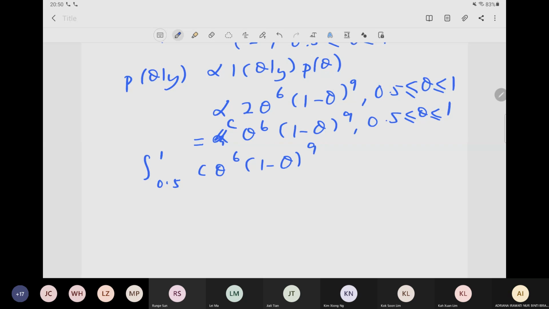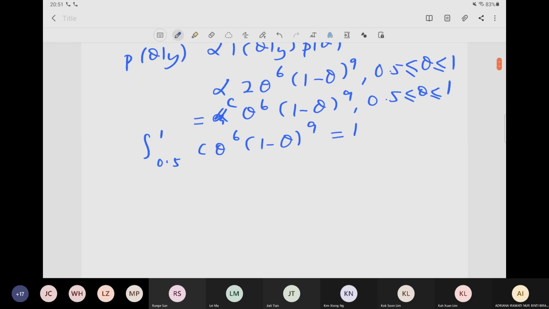If this is a proper PDF and you integrate, it should integrate to 1. The trick here is using the hint given in the question.